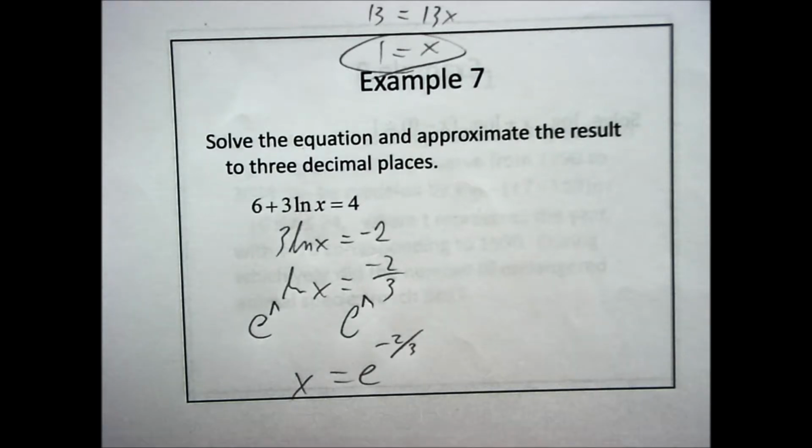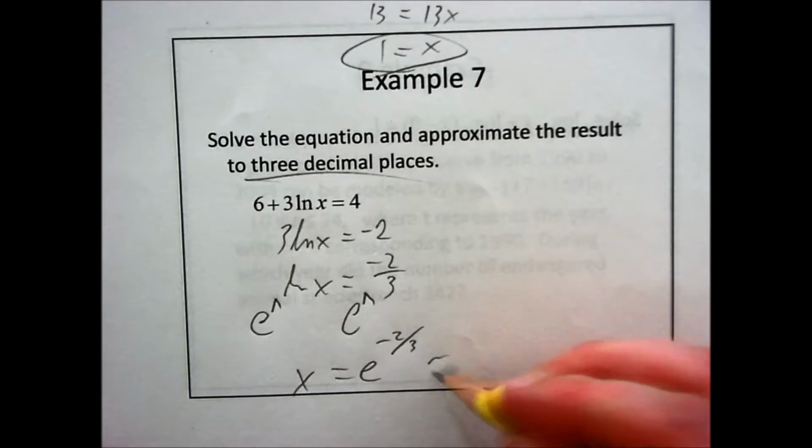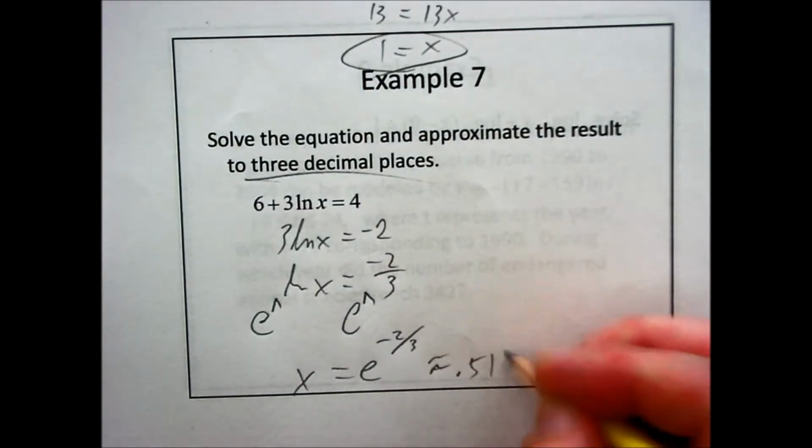It does work. For that then, it does ask for round to 3 decimals, so when I approximate it, I get what? .513.